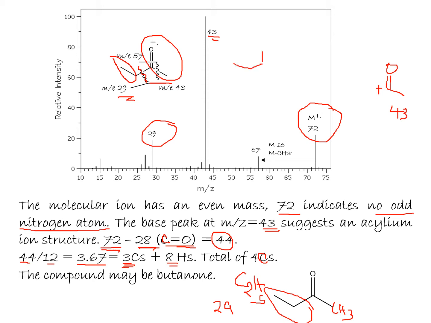If we go the other way around, if we cut on this side, we get 57, and if the charge is on the R part, on the methyl, we'll see 15. Yes, there is 15.